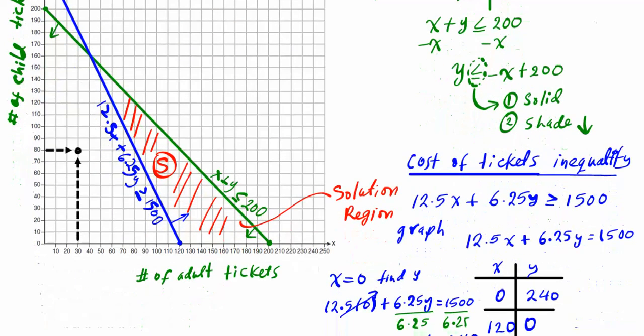What are we saying? Any point that falls in this solution region will work. But if it doesn't, like Marta's point right here, this is terrible because it's not in that shaded region. So that's basically that.